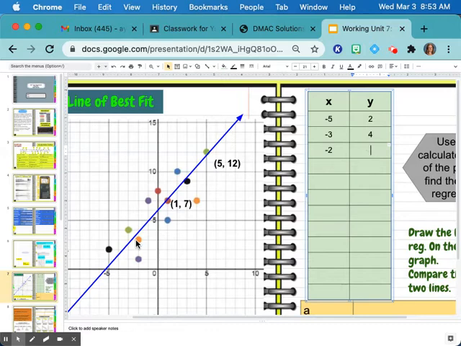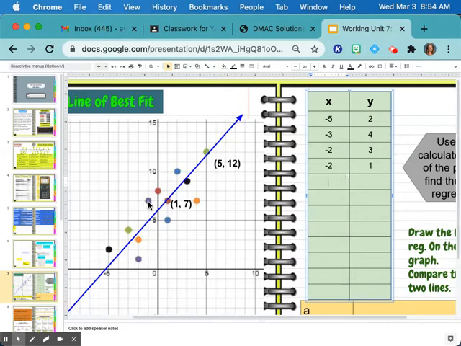Why did I put 4? And keep on hitting tab to go between the two. -3, 4, -2, 3, and then -2, 1. All right, so go ahead and find each one of those points. I'm going to do the same thing while y'all do it. So just look up at mine, make sure you agree.